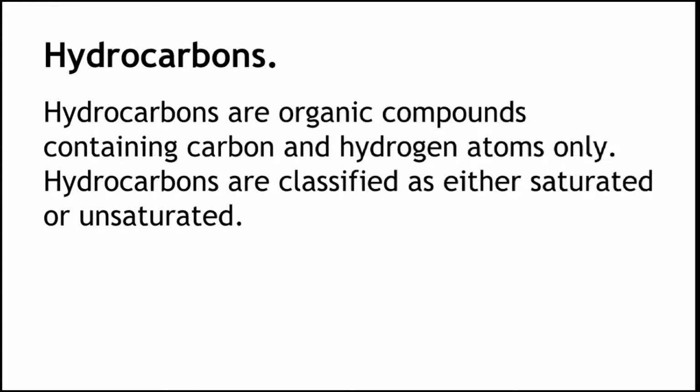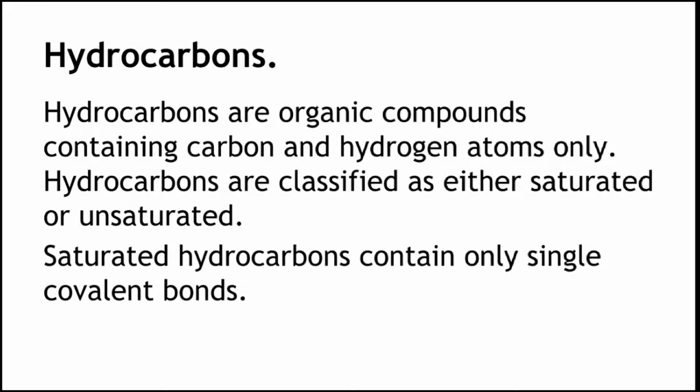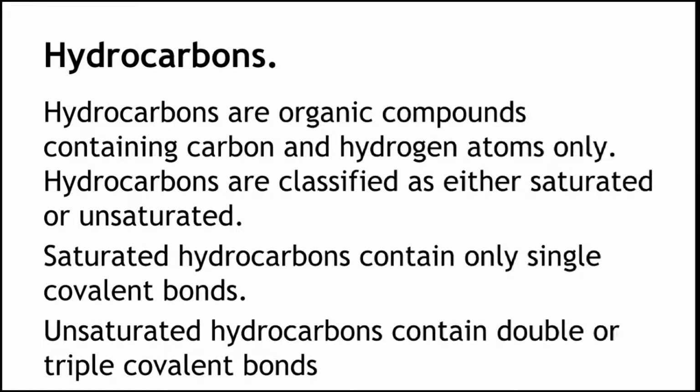Hydrocarbons are either saturated or unsaturated. Saturated hydrocarbons contain only single covalent bonds between carbon atoms, but unsaturated hydrocarbons can contain either a double or triple covalent bond between carbon atoms.